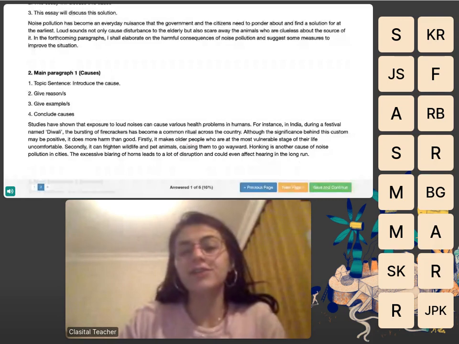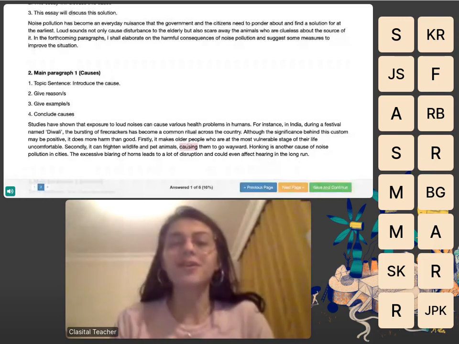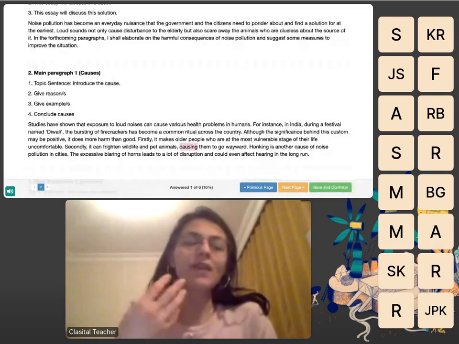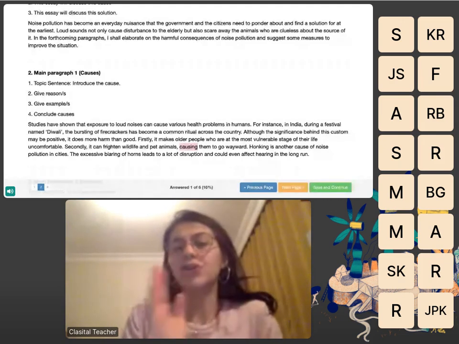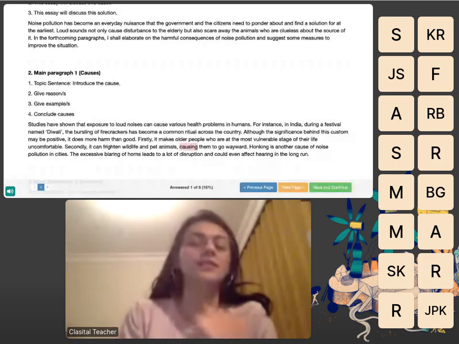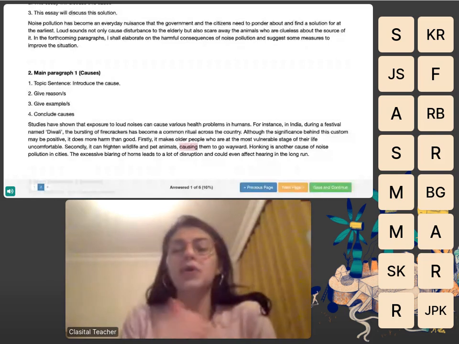And also we've used relative clauses like here. So causing is basically a reduction of a relative clause. It was usually which causes, and we reduced it into saying causing.